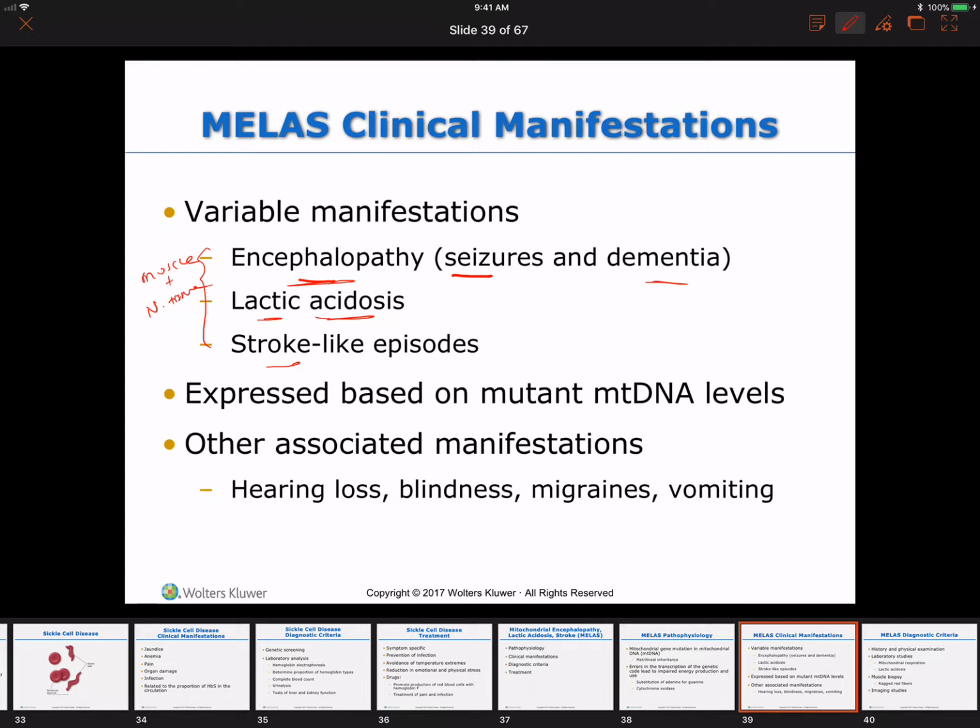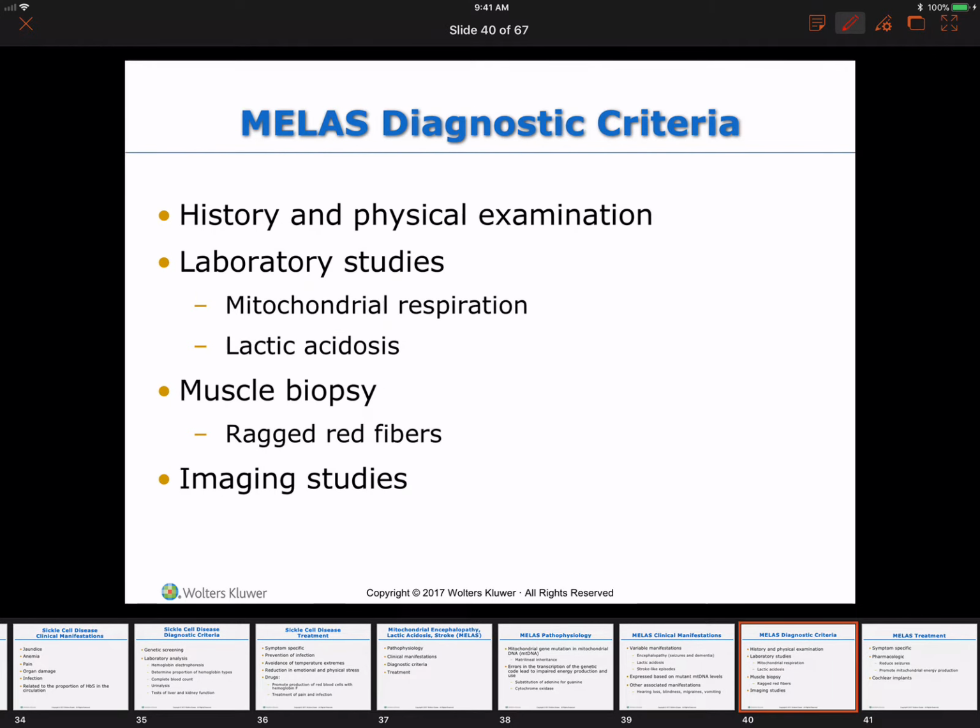Other problems we may encounter: hearing loss, nervous tissue; blindness, nervous tissue; migraines, nervous tissue; and vomiting. It requires physical exam to make the diagnosis, lab studies, so assessing mitochondrial function, assessing the level and severity of lactic acidosis.